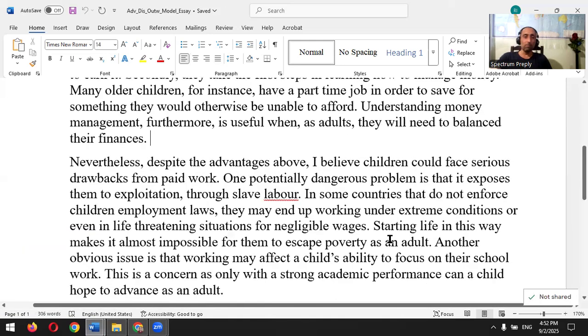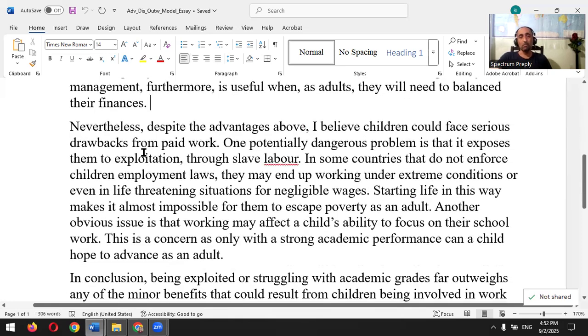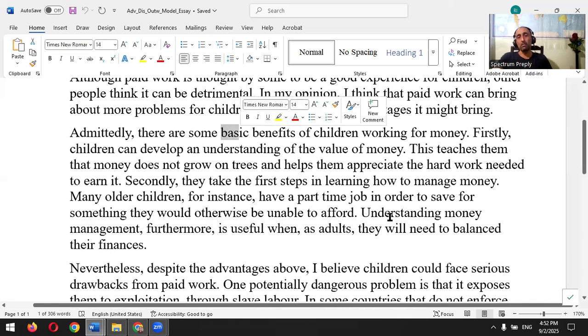in the opinion type of essay, you will see it starts again with giving an opinion. "Nevertheless, despite the advantages above, I believe children could face serious drawbacks." You can see the word "serious," that's an opinion adjective. We had "basic" here, but here "serious."